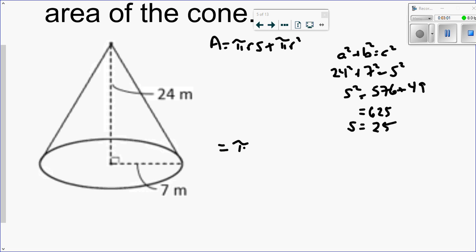I have S. I don't know why I'm putting another R in there. I want to get rid of R. R's been bad. Pi r s plus pi r squared.